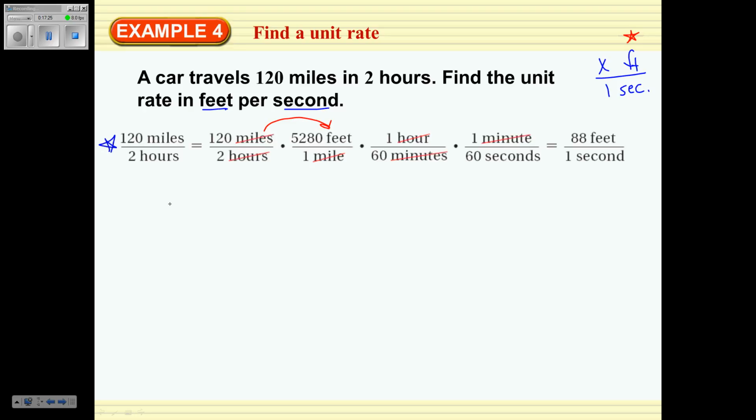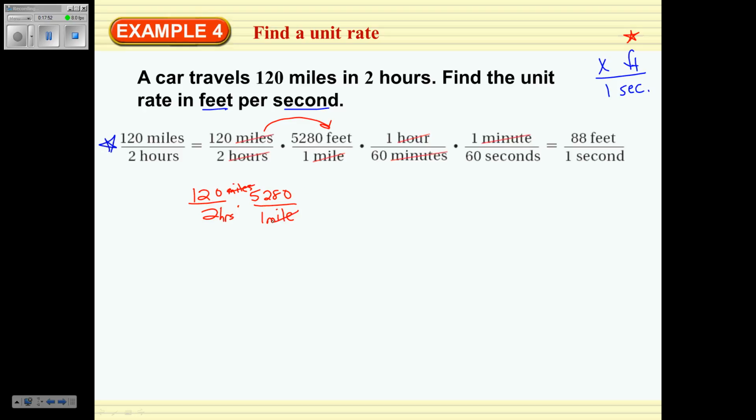If you wanted to do that down here, you could have done this in just one step. You didn't have to do all these multiple steps. You could do this. It's going to give you some large numbers, but you could do this. Okay? Your miles cancel out. That's not, sorry, that should be hours. Your miles cancel out.